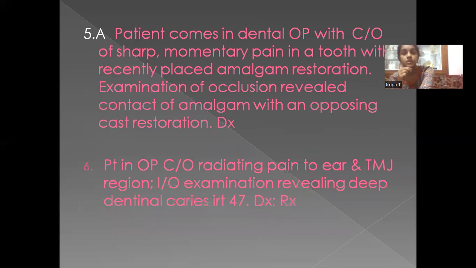A patient comes to the dental OP with a sharp momentary pain in a tooth with some restoration. Examine the occlusion. See to it that the high points are removed. A patient in the OP with a complaint of radiating pain to the ear and TMJ. You see a deep caries.